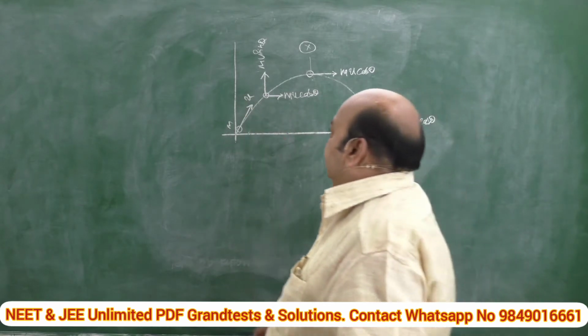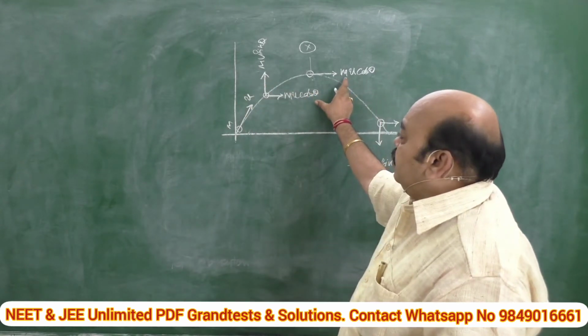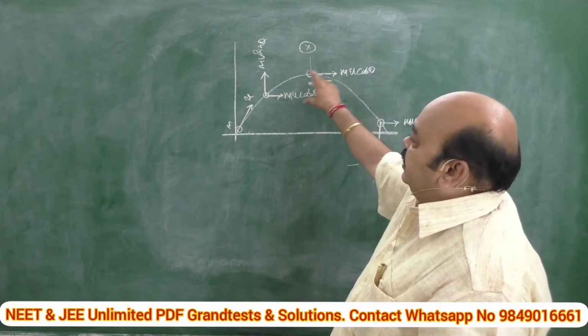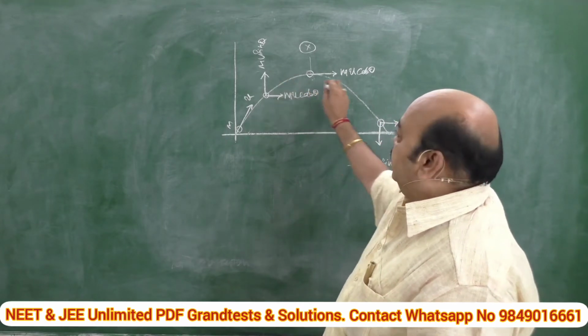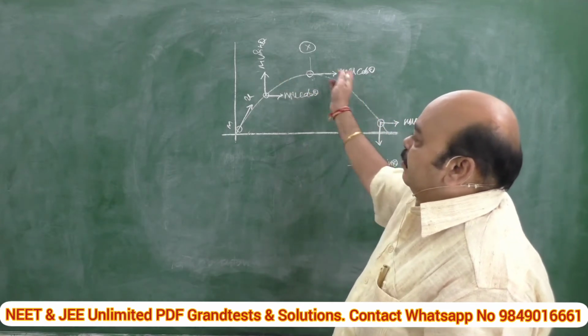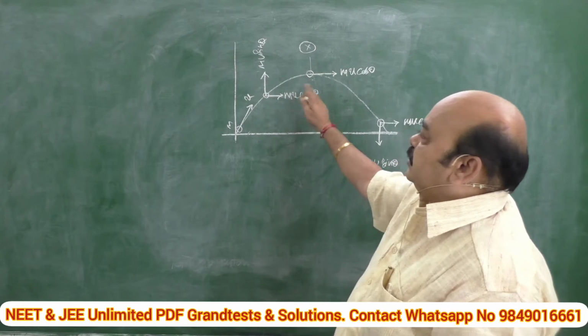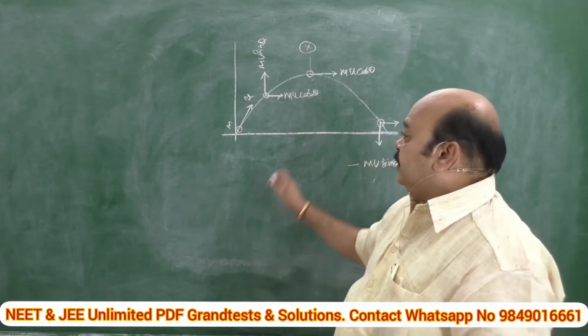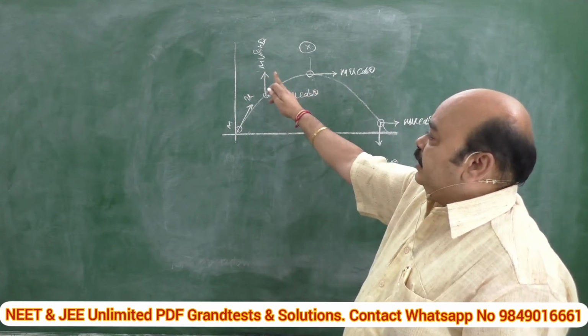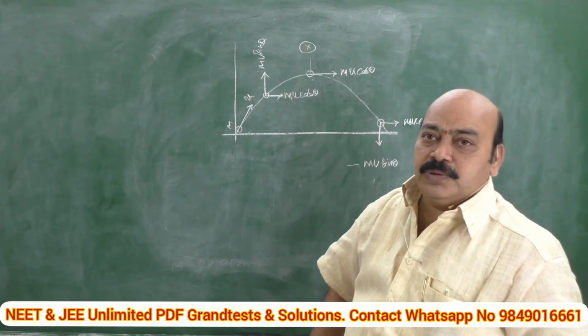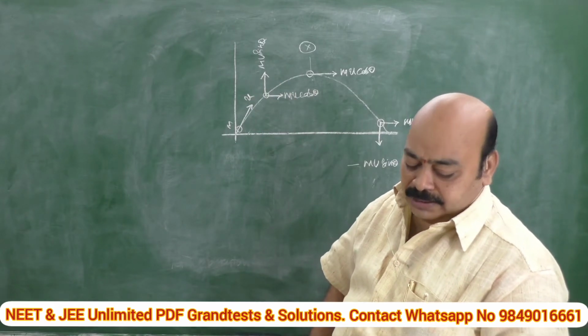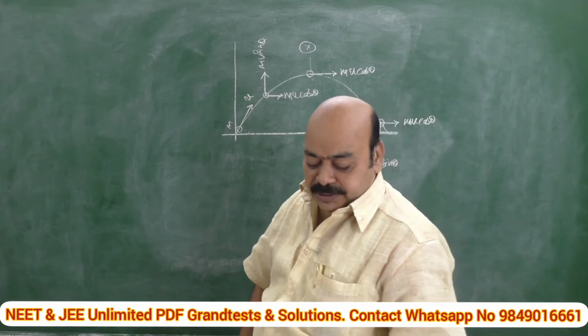Mu sin theta. So what is the change in momentum? Final momentum minus initial momentum. That means mu cos theta minus of mu cos theta plus mu sin theta. Then these two cancel, and mu sin theta is the answer for the vertical component.